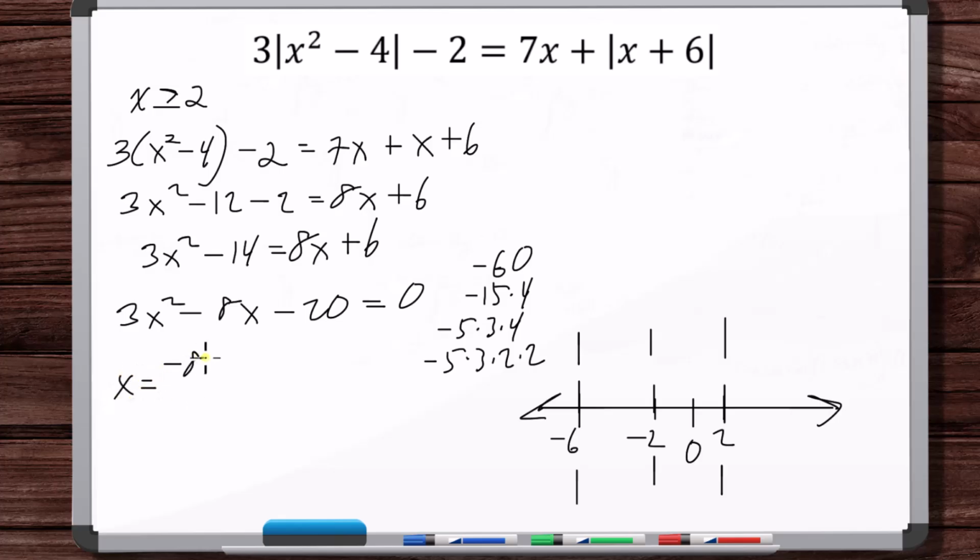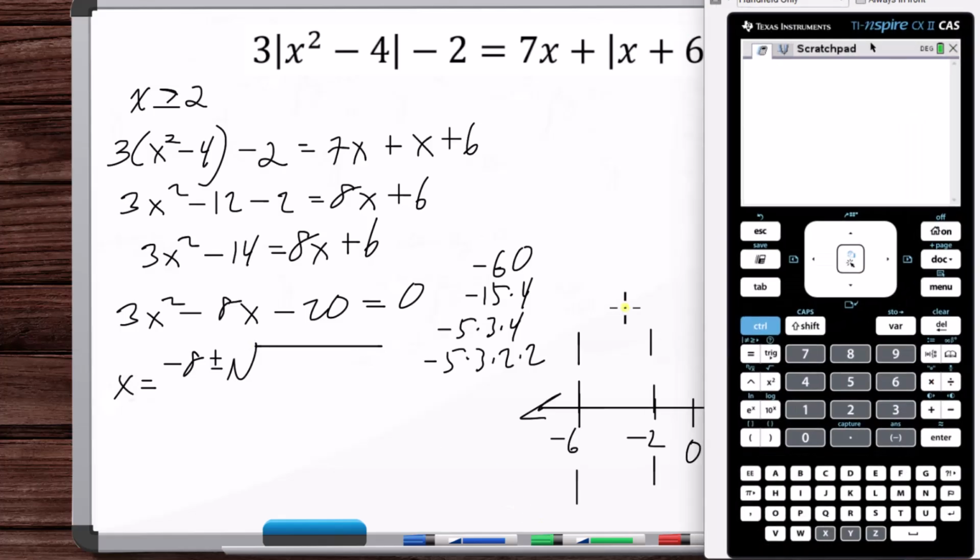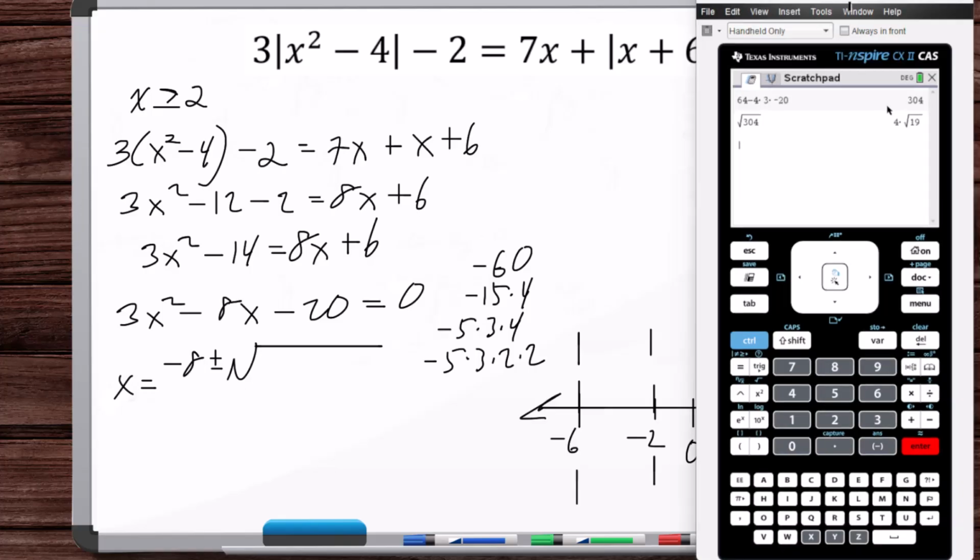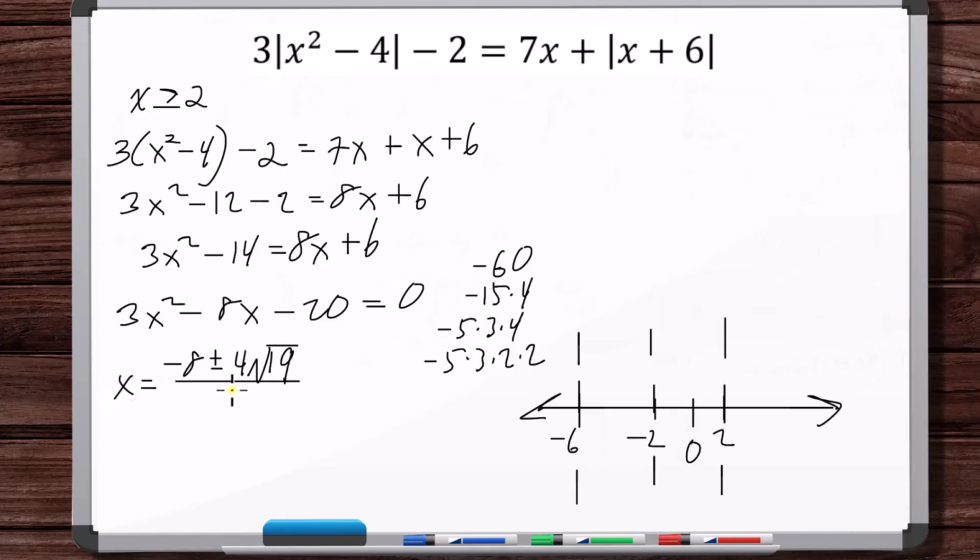So minus b plus or minus the square root of b squared minus 4 times a times c, 304, 4 root 19, all over 2 times a. So, okay, we could simplify this.